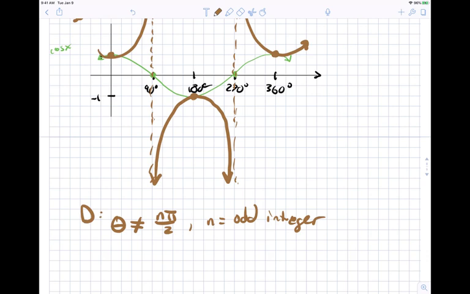So what are your options for your answer choices on that question? Is yours similar or different? It should be similar, but the numbers might be different, right?